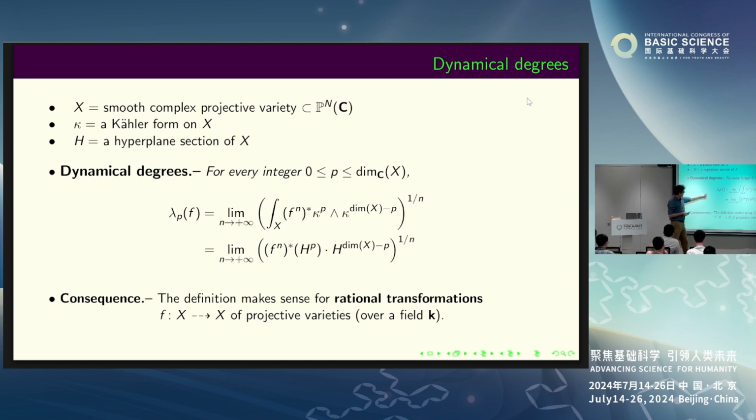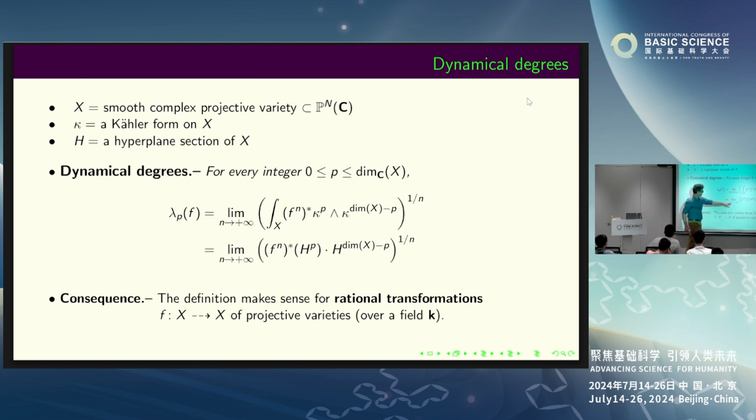And the lambda p of f, here it is, look at the second line. You can compute it like that. So you cut X p times with hyperplanes, so you get a codimension p algebraic subset. You pull it back n times by f, so you get a codimension p subset, which is given by the dynamics of f.